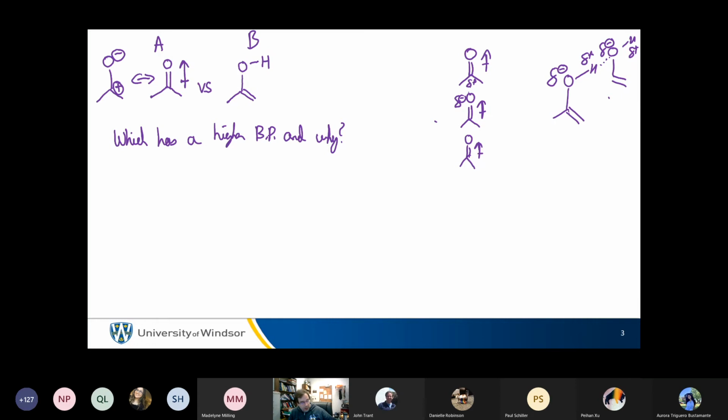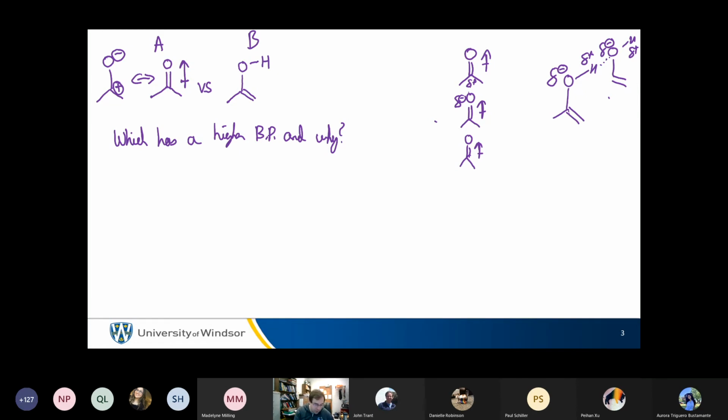So this is why, to answer Alan's question, alcohols have higher boiling points than ketones of the same or very similar molecular weights: alcohols can hydrogen bond, ketones can't. Now, be very careful, because a hydrogen bond needs two components. It needs a hydrogen bond donor and a hydrogen bond acceptor.